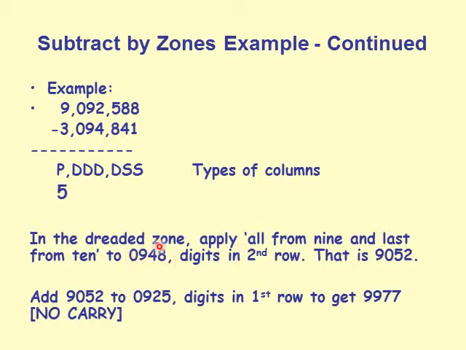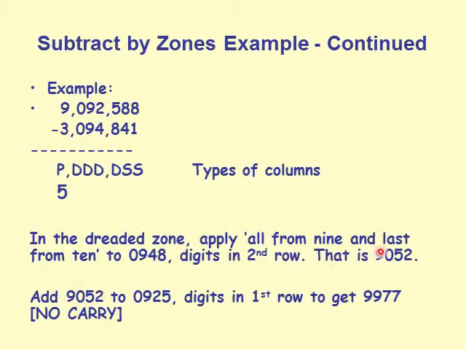So all from 9 and last from 10 of 0, 9, 4, 8 is 9, 0, 5, 2. 0 from 9 is 9, 9 from 9 is 0, 4 from 9 is 5, and the last digit, 8 from 10, is 2. So in these 4 digits we got 9052.